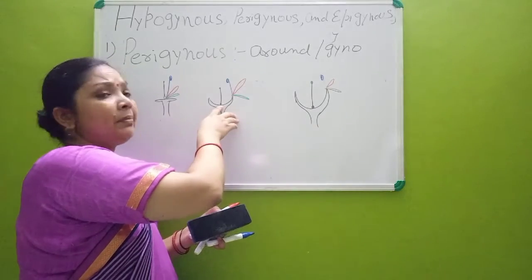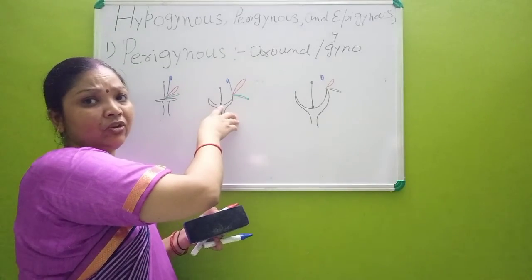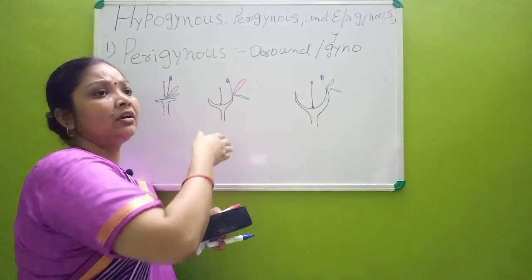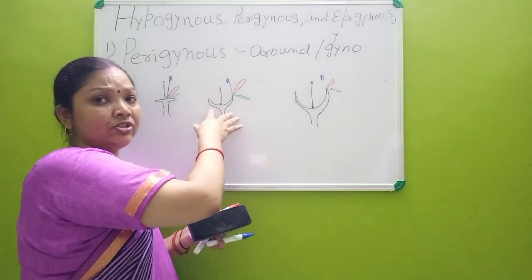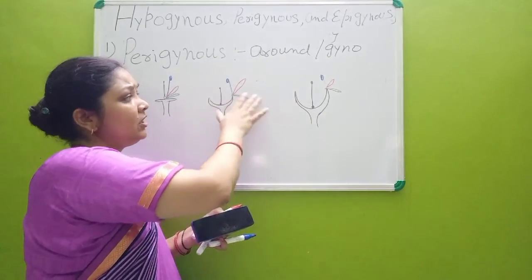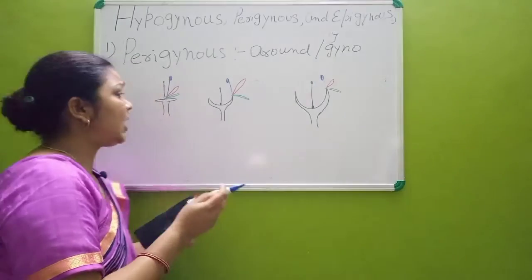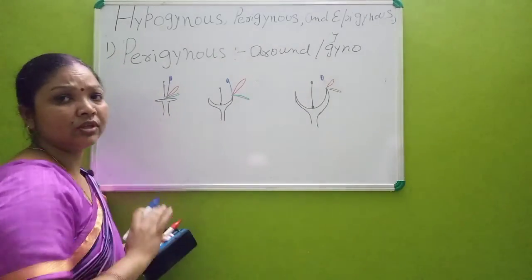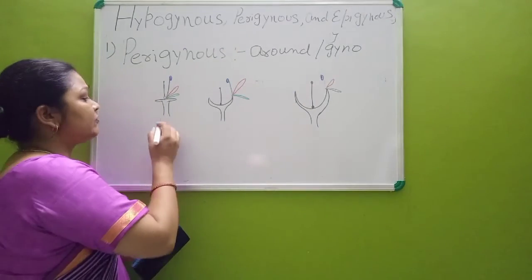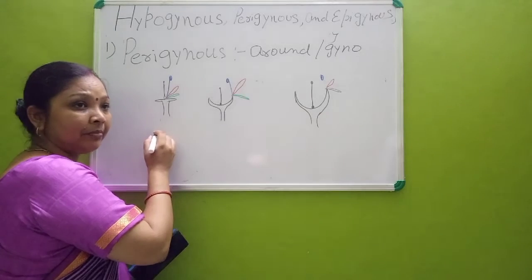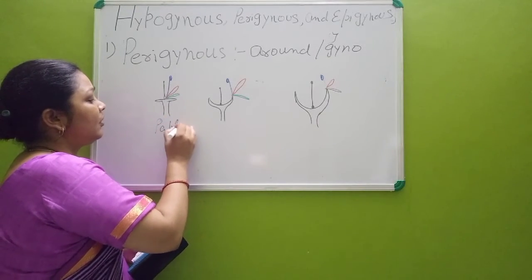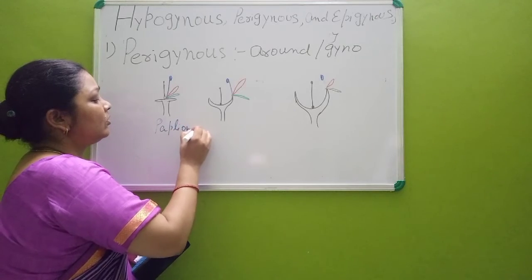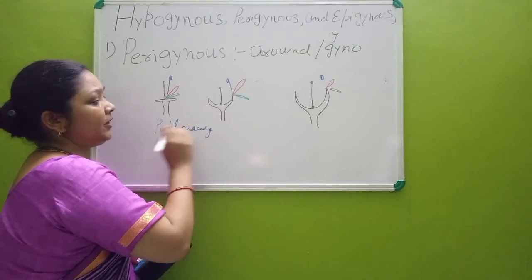So this is the perigynous on the basis of position, and on the basis of type or the origin. On the basis of the specific origin and on the basis of position, it is the three ways. Now the first type, it is found in the Papilionaceae family.